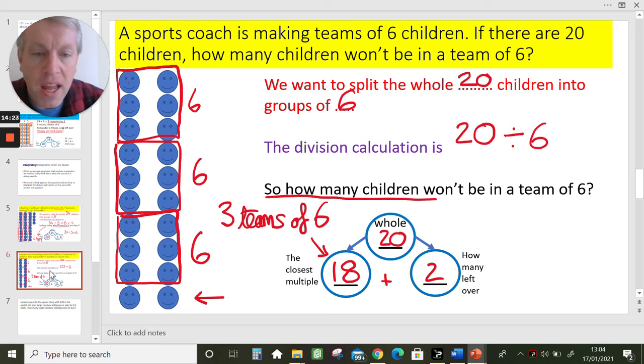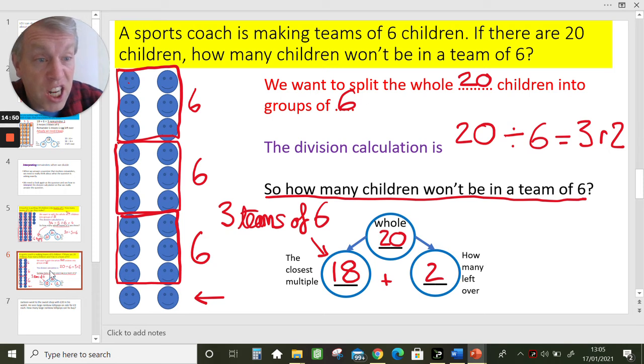How many children won't be in a team of 6? Well, our answer to this question, 20 divided by 6, is that there are 3 teams of 6, remainder 2. But this question is not asking us for the answer 3 remainder 2. It's asking how many children won't be in a team of 6.